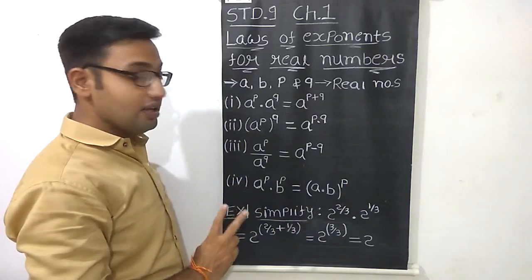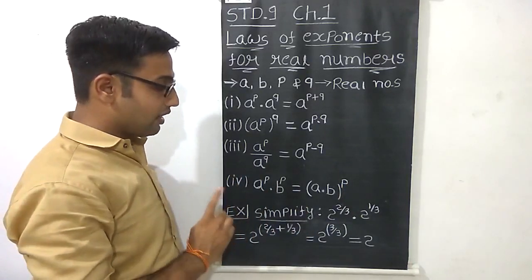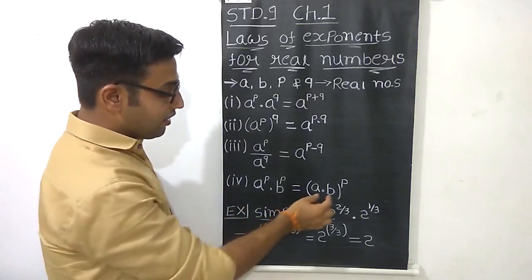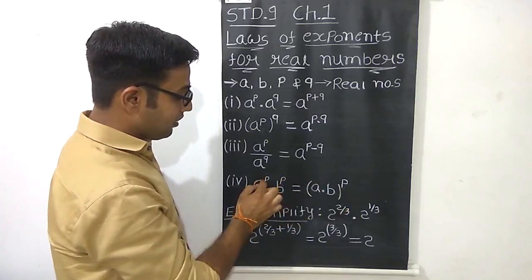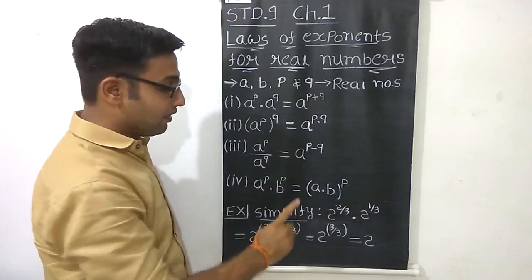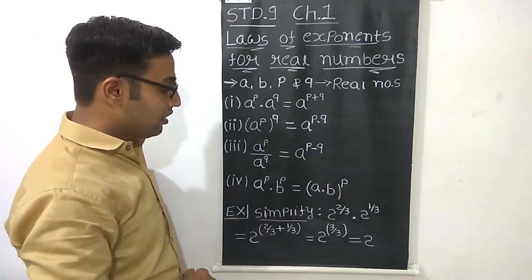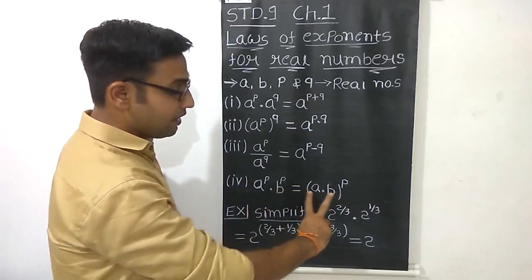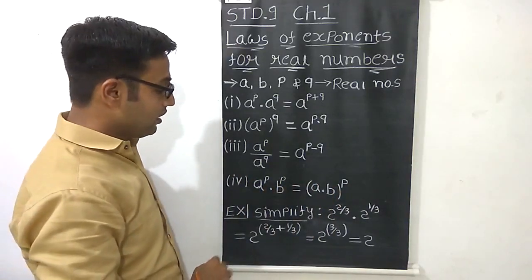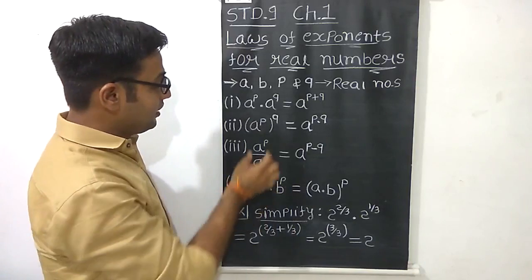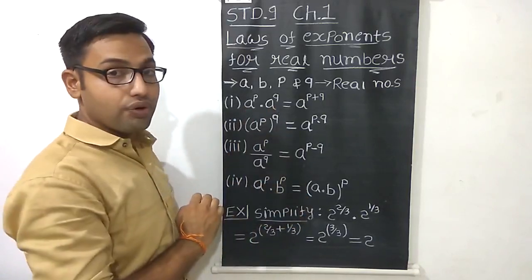One thing you have to clarify in your mind is that here we do not add the powers, p plus p. Here we write power p one time only, but we multiply the bases. So don't be confused between this law and the first law.